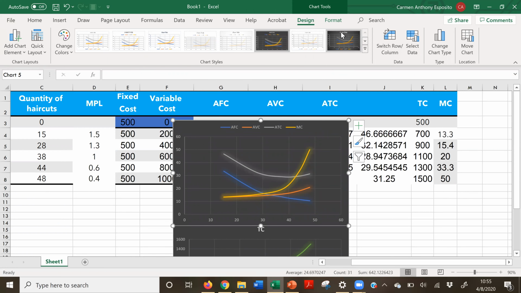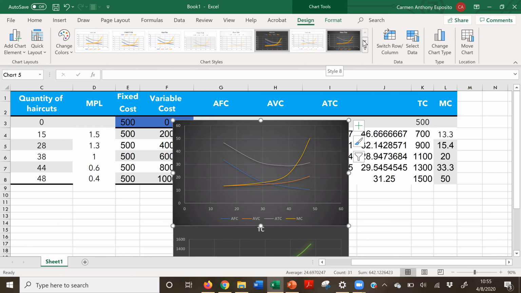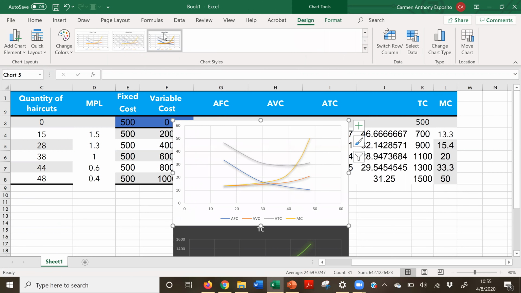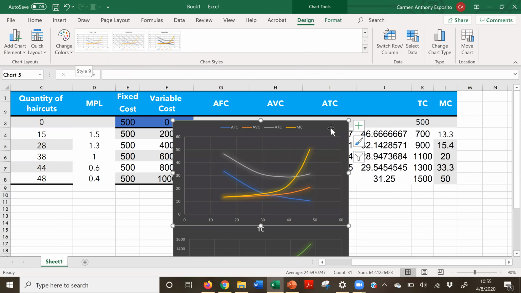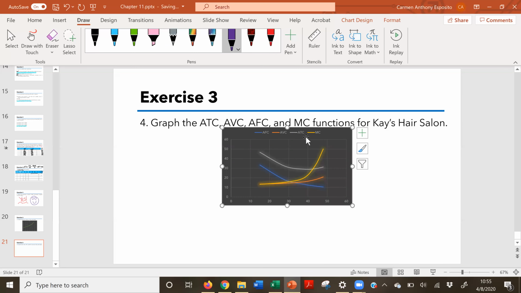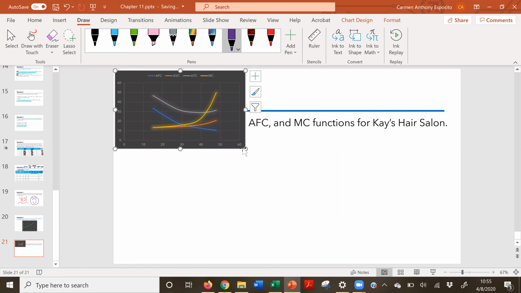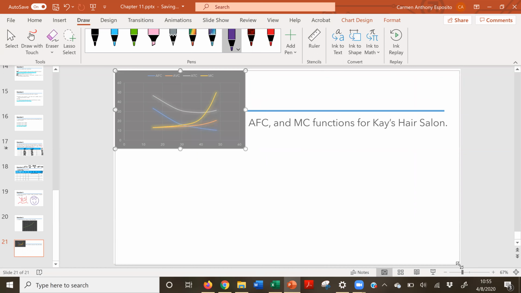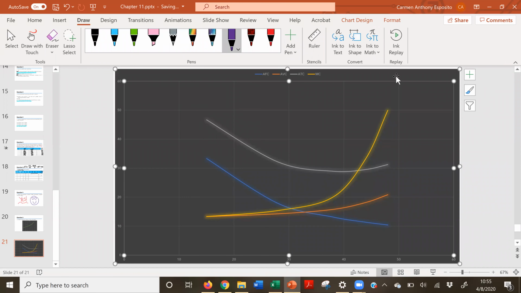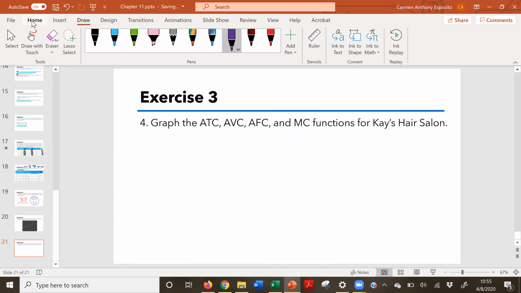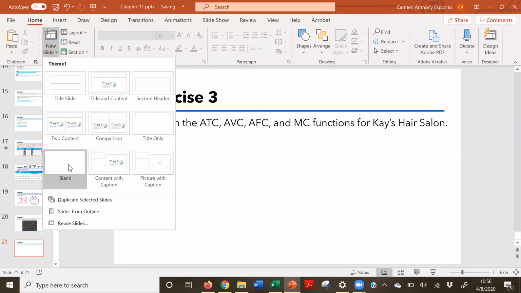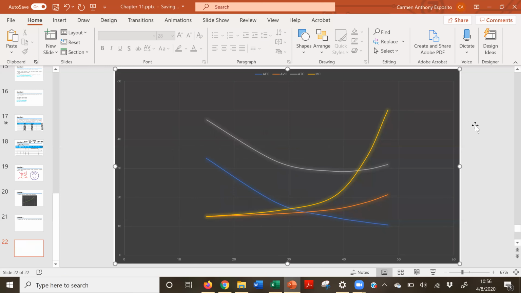Give it that nice dark color. I'm just trying to make it look pretty, so while you're listening to me, it's much more interesting. Perfect. Let me take this and put it on its own page.